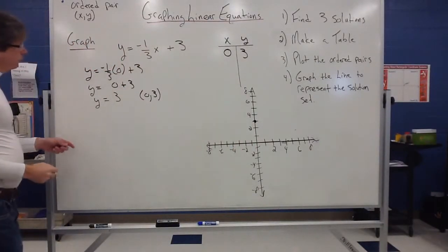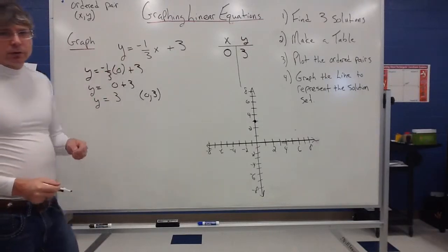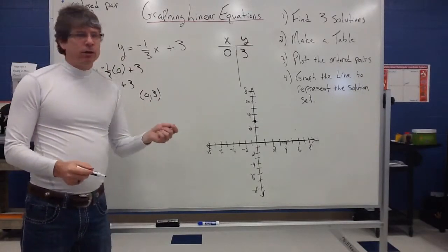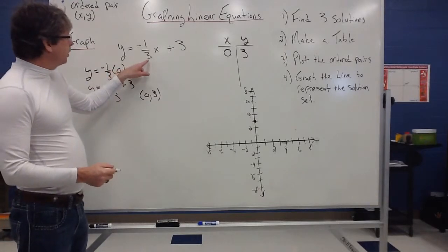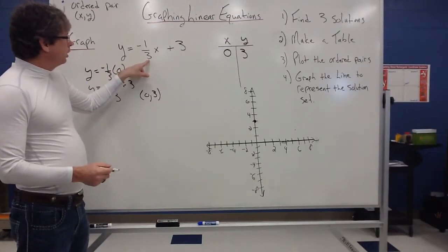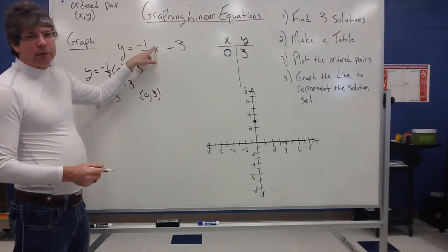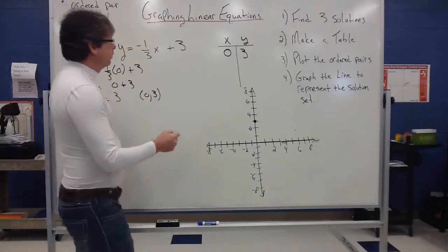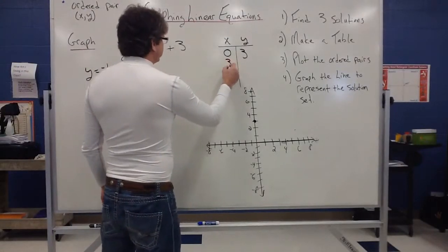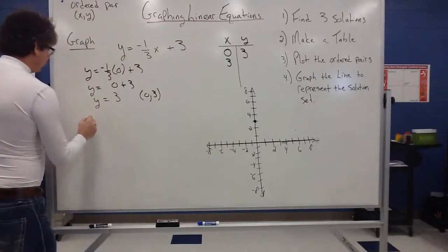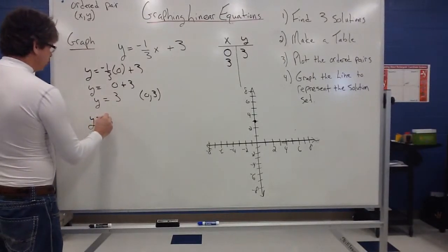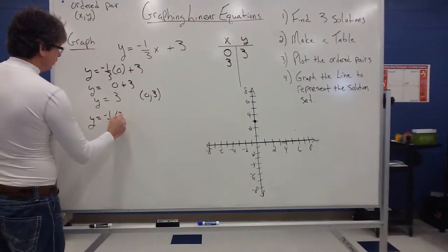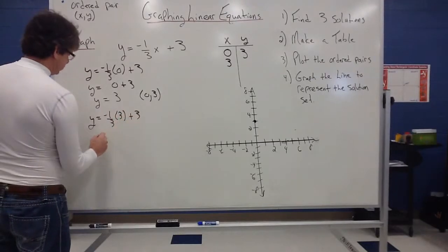Now, since this is a fraction, and remember fractions also have this concept of division, since this 3 is the denominator, it's a good idea to pick a value for x that can be divided by 3. So I'm going to just pick a 3. So I'm going to have y equals negative 1/3 times 3 and add 3.